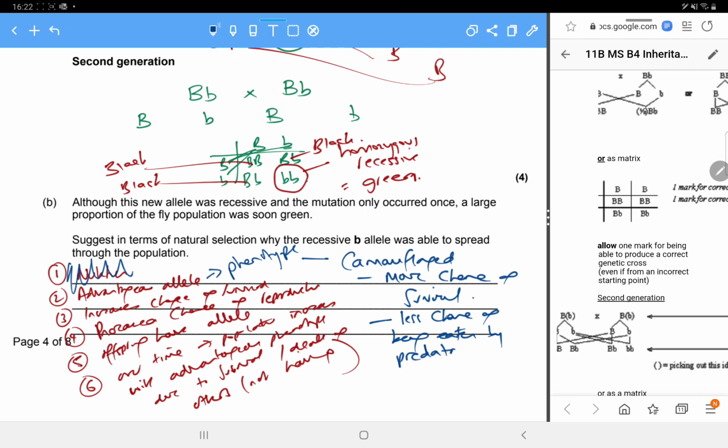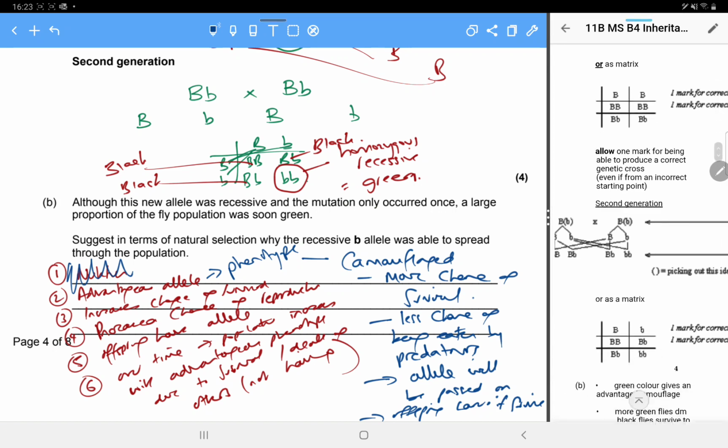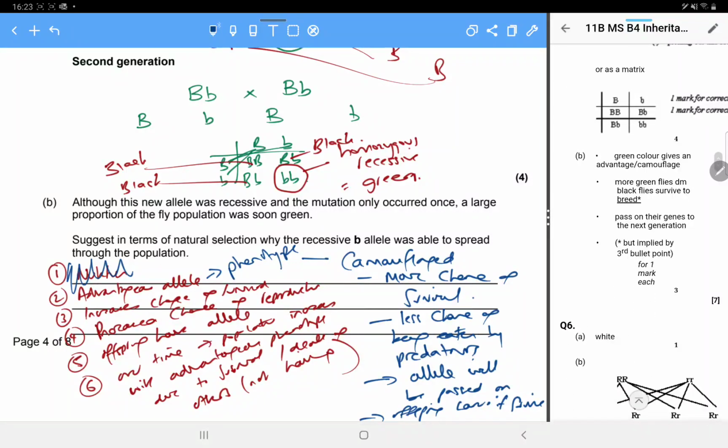We're filling in the gaps here. And that means that the allele will be passed on and the offspring have it and survive. So in this question, we're thinking, there's all my natural selection points. I can fit them in here. I don't need the mutation part. I can actually just add them from then, okay?